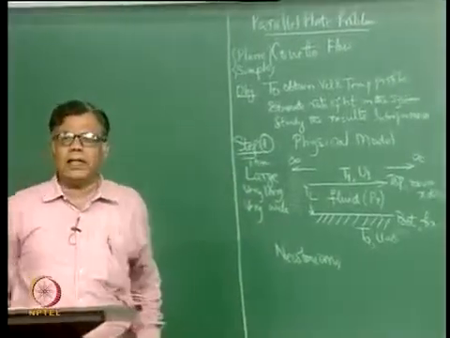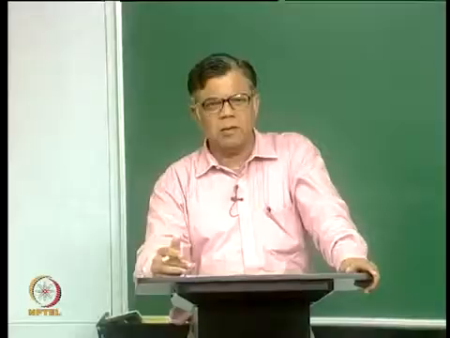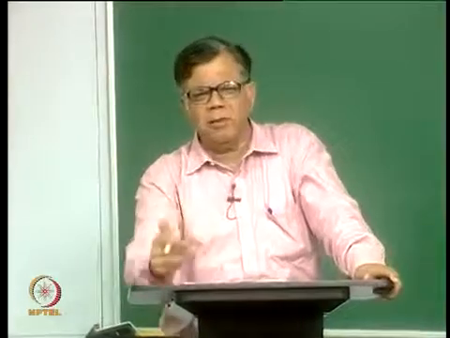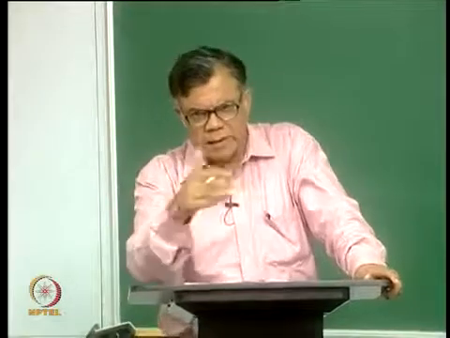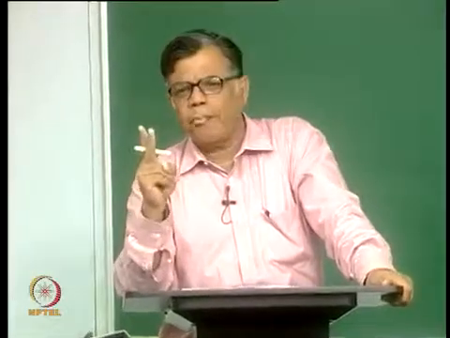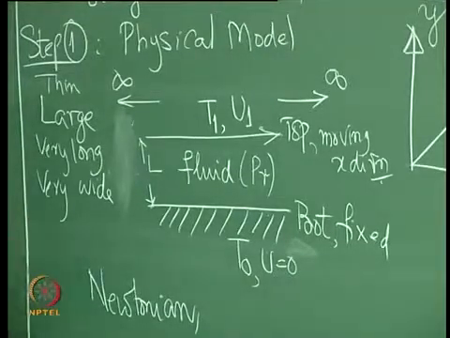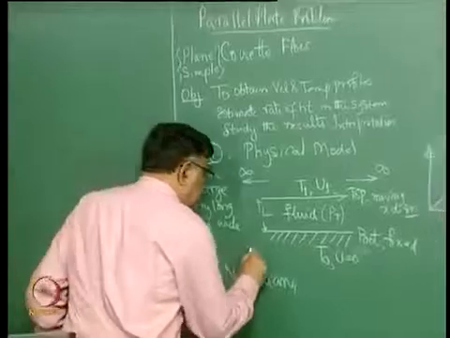Many a time we take all this for granted. I am trying to make it a little bit more careful, so don't think it is so simple, that it is known. Sometimes you make mistakes here also. So Newtonian fluid, meaning it follows Newton's law of viscosity, tau equal to mu del u by del y. This is the fluid, number 1.